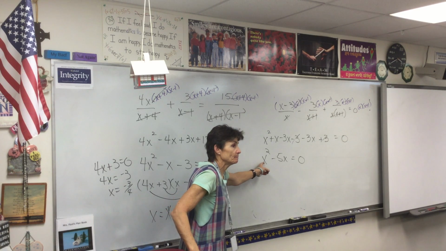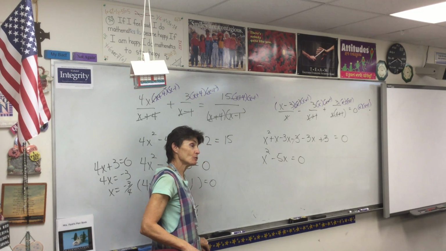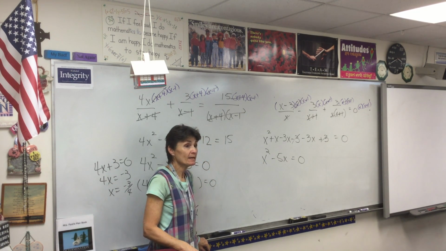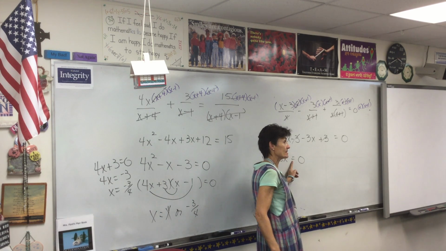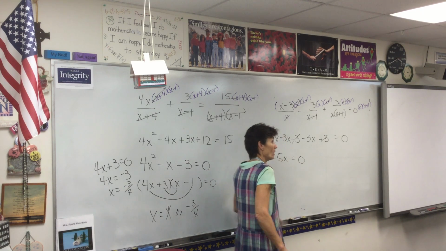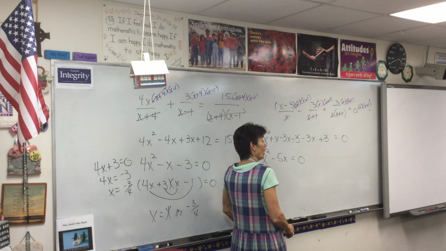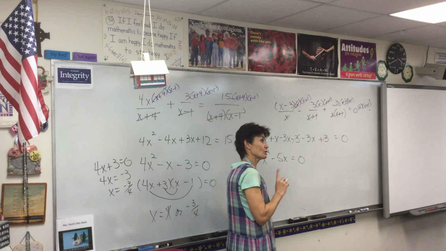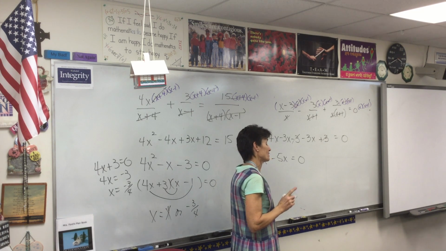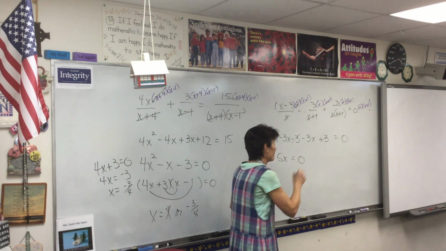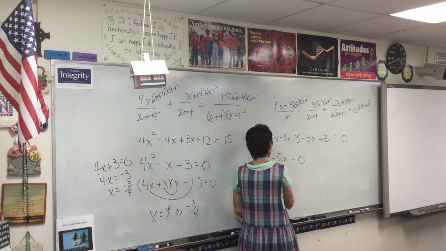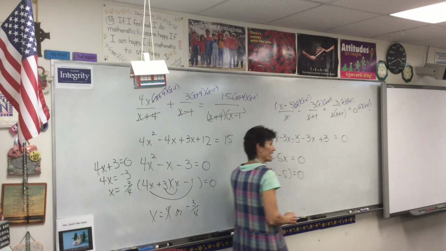How do I solve that? I can do the quadratic formula, and if I did, a would be 1, b would be negative 5, and c would be 0. You do negative b over 2a. Now, negative b over 2a will just give me the vertex of the parabola, so I probably don't want to do that. Complete the square. Yeah, Maya says, just factor it. That's an easy factoring problem.